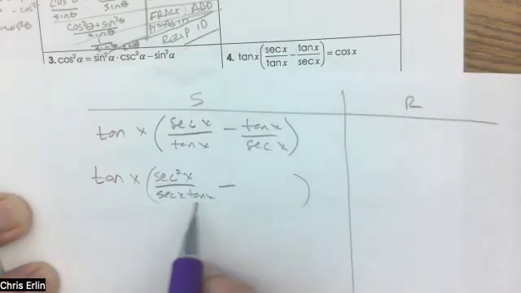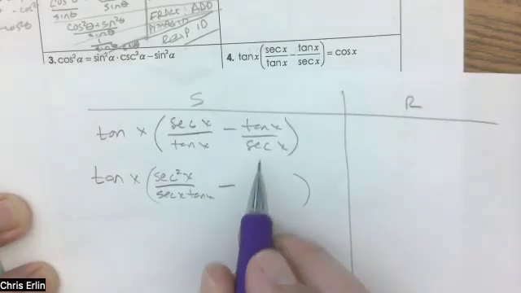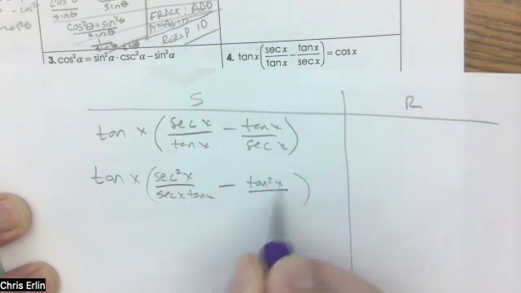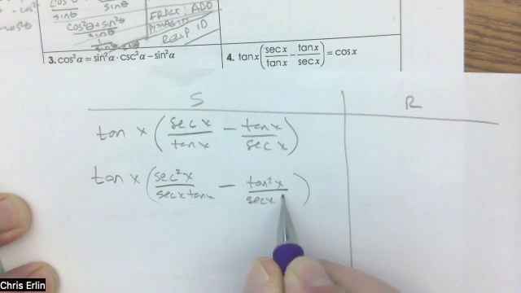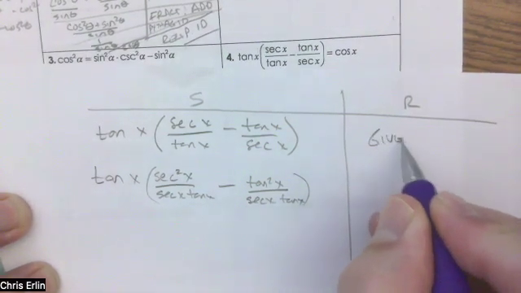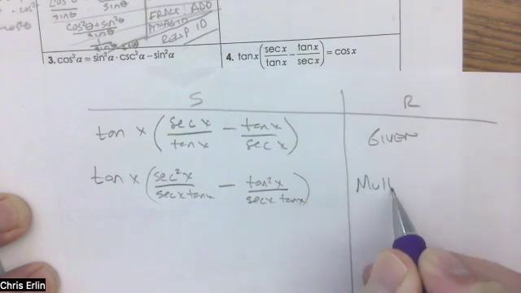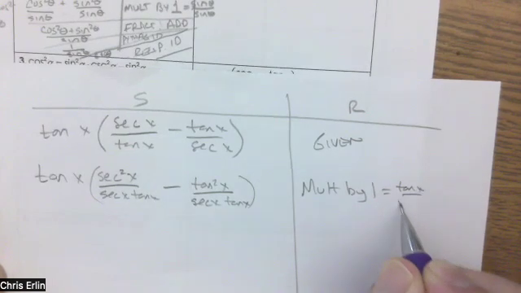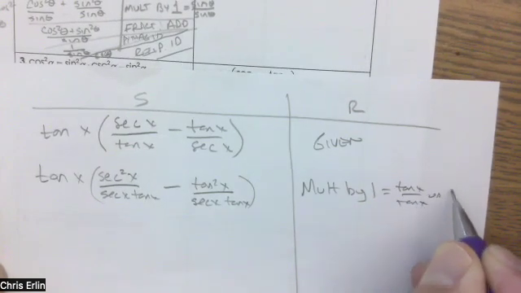I want this denominator. So I multiply it by tan x. I multiplied by 1, which equals tan x over tan x, or secant x over secant x.